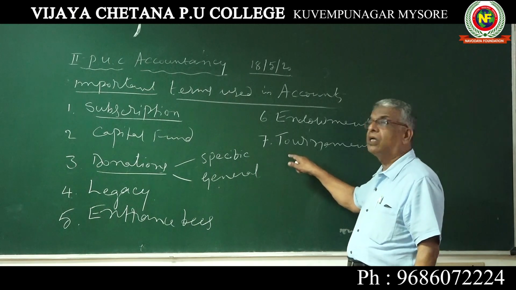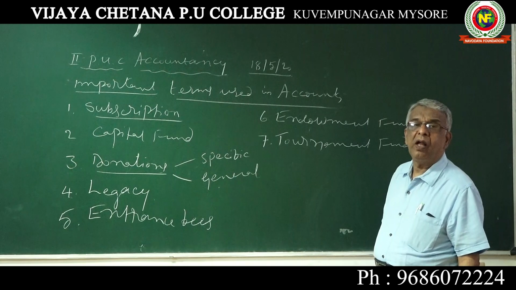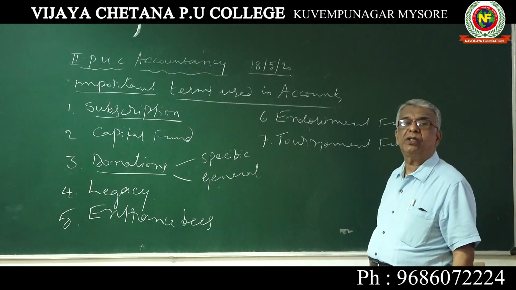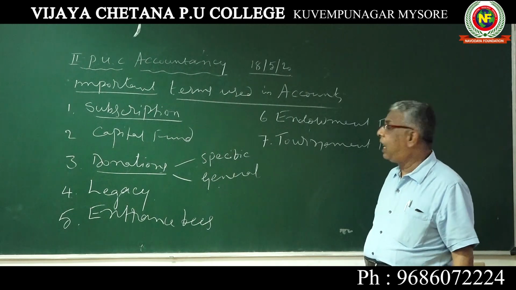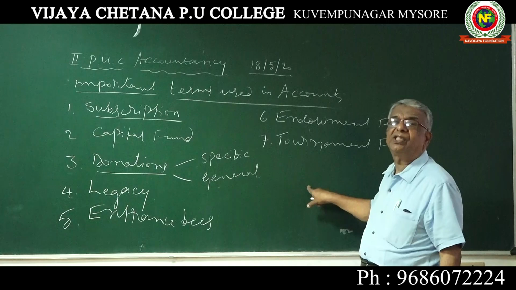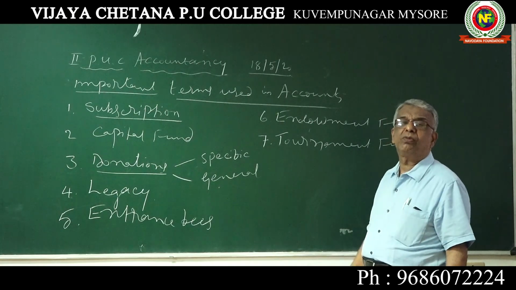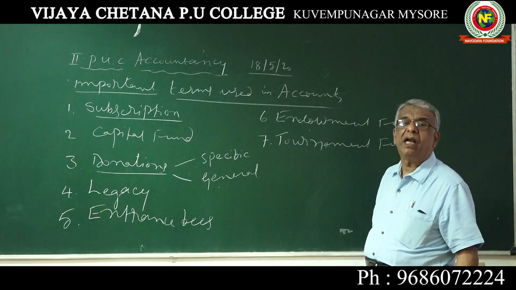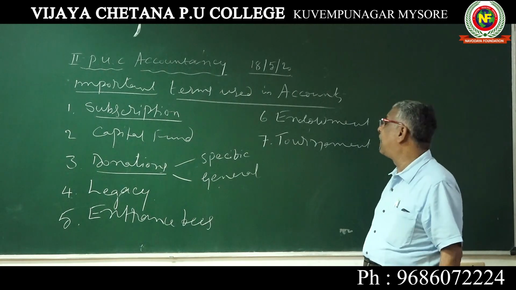Suppose we have collected a tournament fund of 1 lakh rupees, out of which we have spent 60,000 rupees to conduct a tour for a particular year. 1 lakh minus 60,000, so the balance remaining, 40,000, has to be shown in the balance sheet on the liability side. That fund amount can be used for next year.